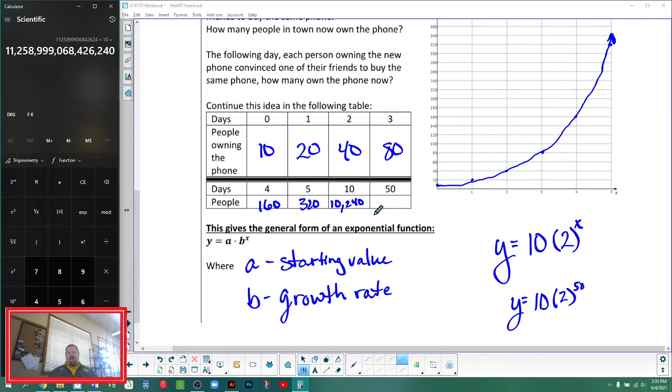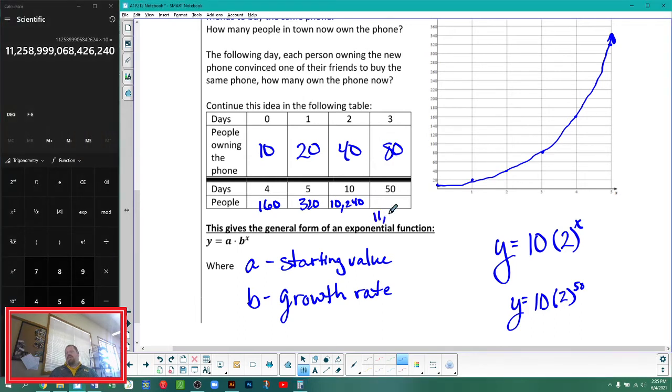So there would be 11 quadrillion, 999 billion, 68 million, 426,240 people that would own this phone. It's taken over everything.